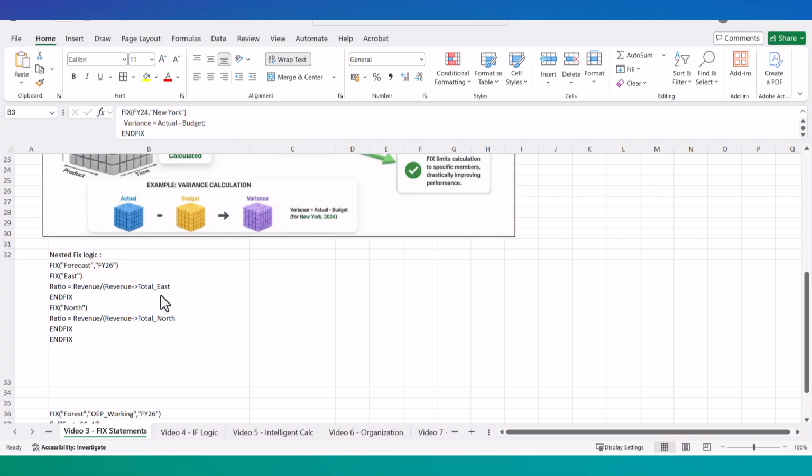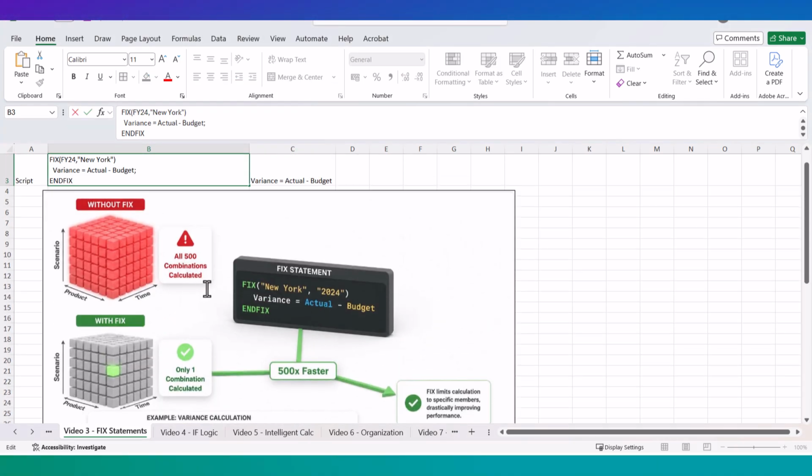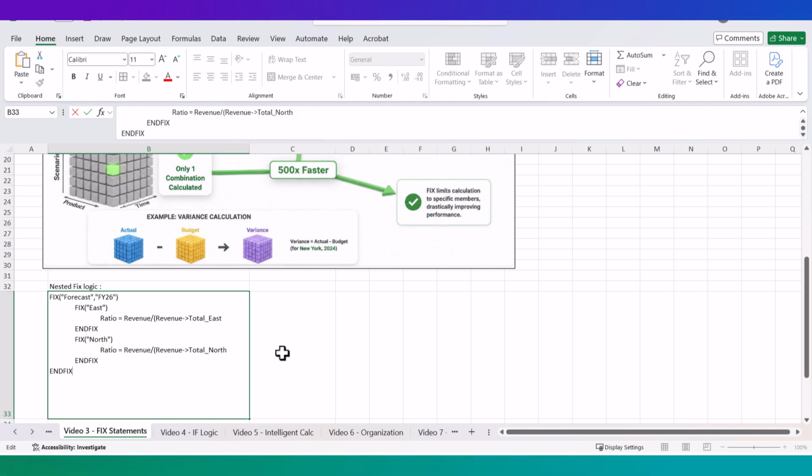Now let's look at another example, that is nested FIX logic. So when do we need nested FIX? We have a business requirement that each region has specific formulas to be executed. That means each region will have its own formula or its own logic.